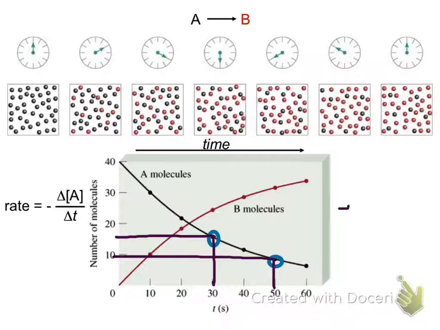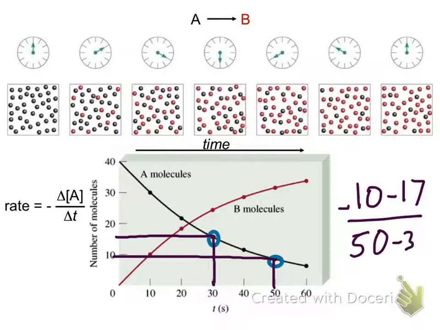We've got the opposite of delta A, so the change in A, that's going to be 17 minus 10, actually 10 minus 17, because we want to do them in the right order. You'll see why in a second. Divided by 50 minus 30. So we've got negative 7 divided by 20, with this negative sign out front.